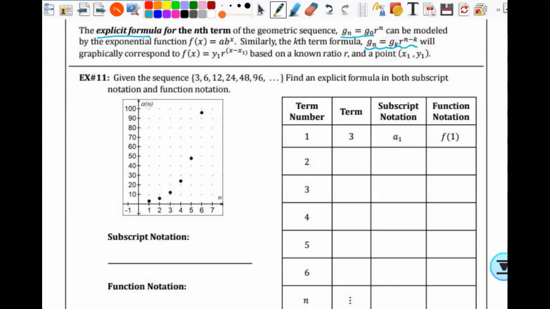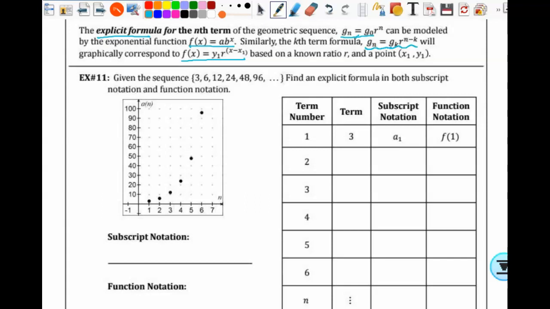But basically we've been putting it in this form and then changing it to that form, okay? It's a little bit easier than some of the other ways, trust me on that too. But these can be modeled by these exponential functions, which as you can see in here, you have some transformations there, all right? And it's based on the ratio and a point, okay?